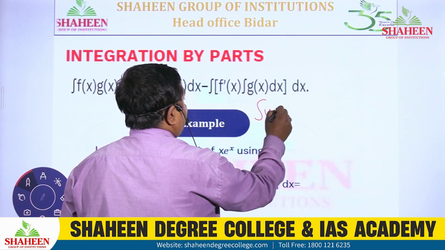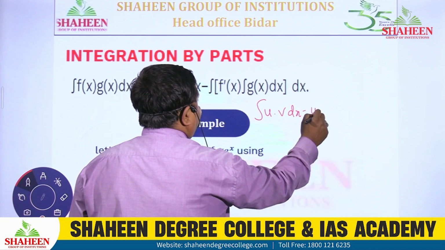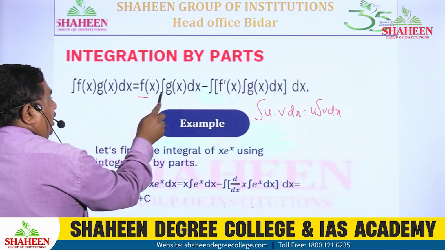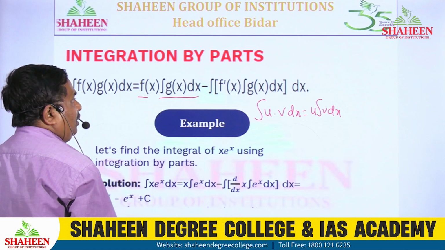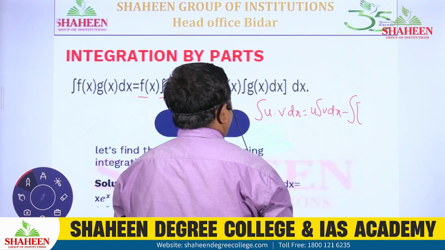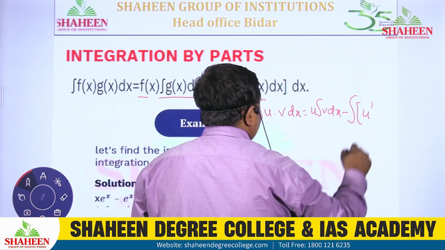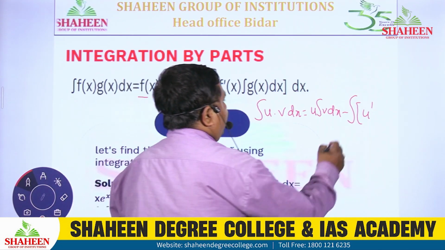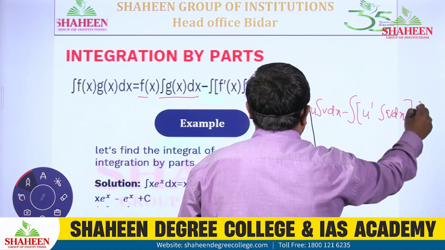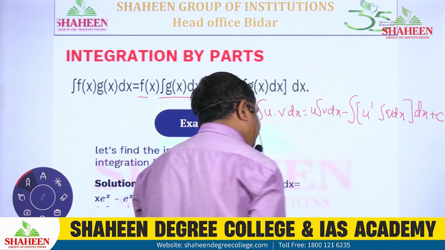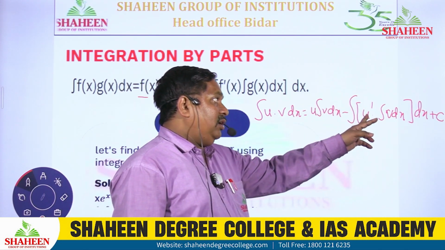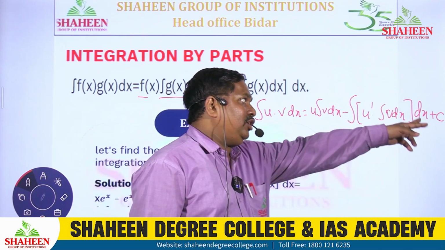integration of u into v dx is equal to u as it is, into the integration of v dx, that is f(x) into integration of g(x) dx, minus integration of the whole, that is u dash, meaning the derivative of u, into the integration of v, into dx, plus c.